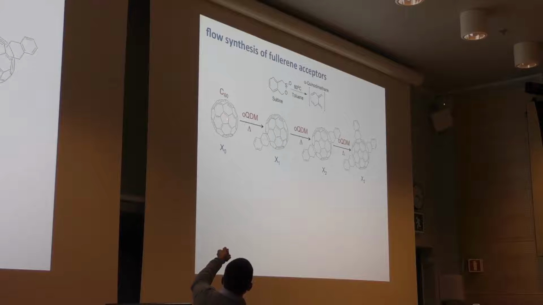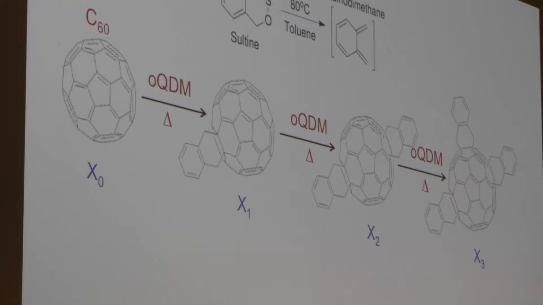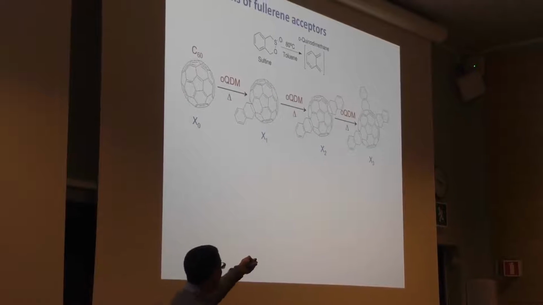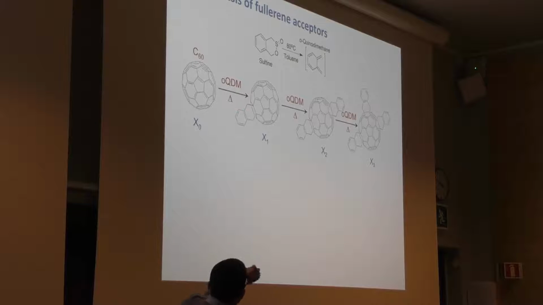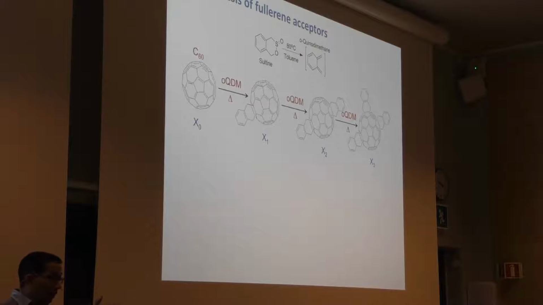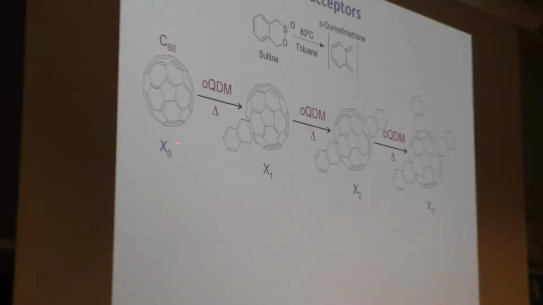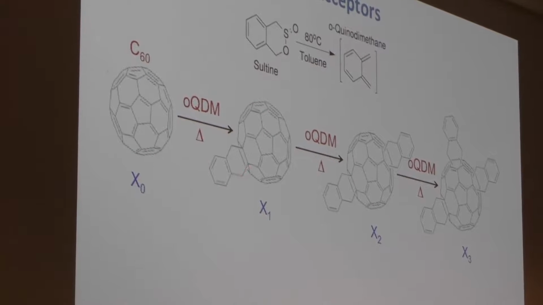So we start at x0 with no functionalization, and we progress through to x3, and if we allow the reaction to continue further, we might even form higher adducts. You can certainly form x4. We've seen that in some of our reactions. But the point about this kind of reaction is, except at the starting point where you have 100% C60, if you freeze this reaction at any point, you will have a mixture of products. If you use relatively short reaction times, you can expect x0 and x1, the lower order derivatives, to dominate the product mix.